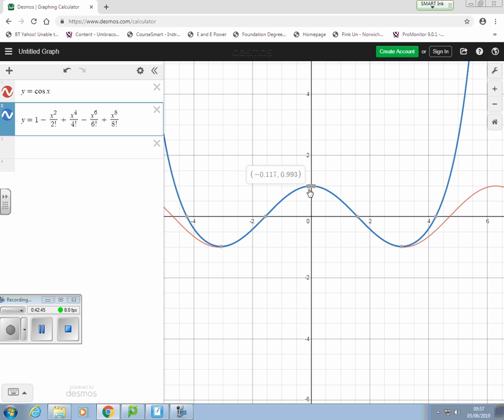It's going positive and negative around the 0 point. Once we get beyond here, we're not very close anymore. But we can get closer if we added more. But we'll never bend back down here very accurately again on that function.